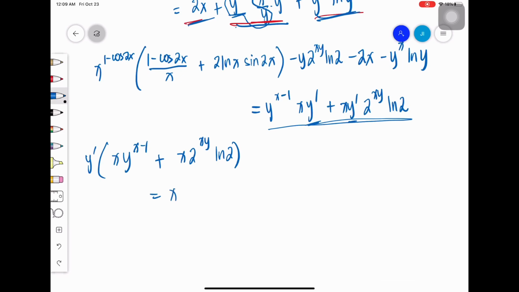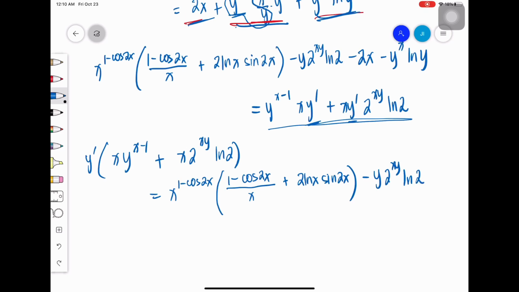X raised to 1 minus cosine of 2x multiplied to that long thing here. Okay, copy lang. Plus 2 ln x sine 2x minus y 2 raised to xy ln 2 minus 2x minus y raised to x ln of y.